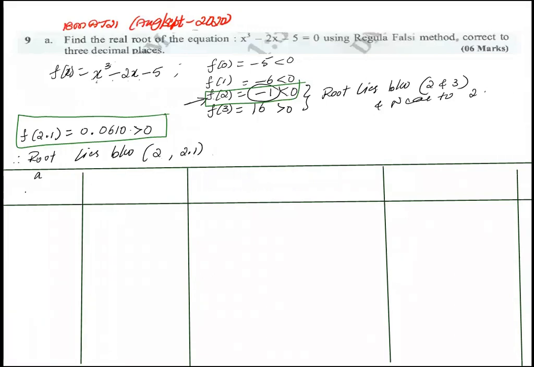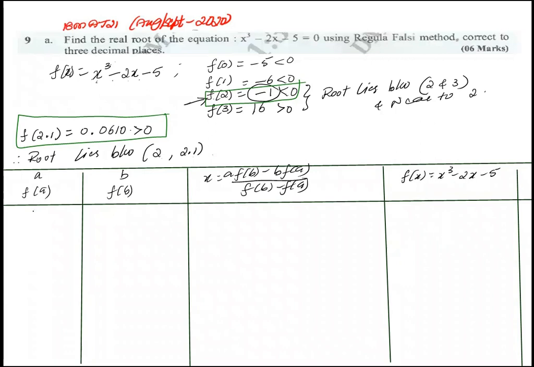The value of a and f of a, b and f of b in the second column, x is a f of b minus b f of a divided by f of b minus f of a, the formula, and f of x is x power 3 minus 2x minus 5, which we should compute in the last column.